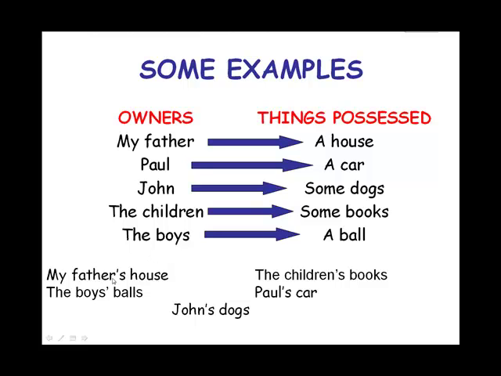You see, father apostrophe S. The children's books, children apostrophe S. Paul's car, Paul apostrophe S. John's ducks, John apostrophe S. But take a look at this example, the boys' balls. Boys apostrophe only. This is because when the owner, whatever name it is, ends with an S, we only use an apostrophe. We don't use apostrophe S.